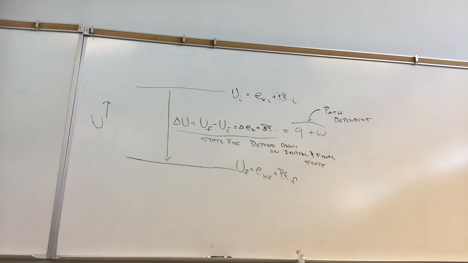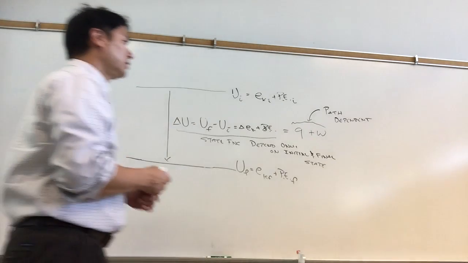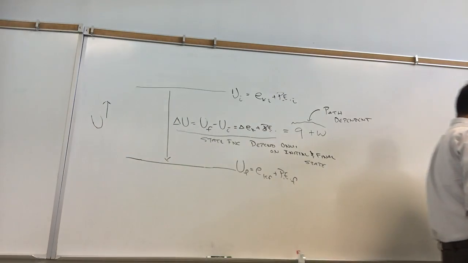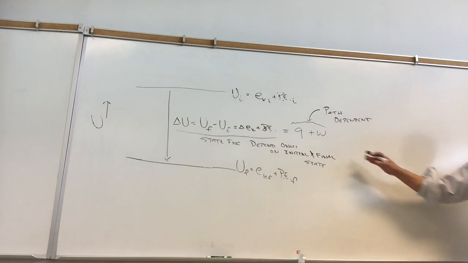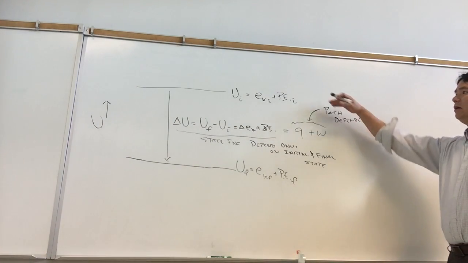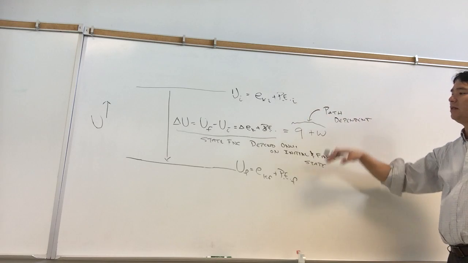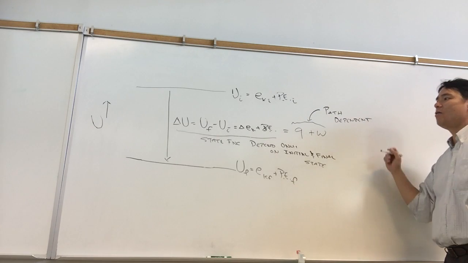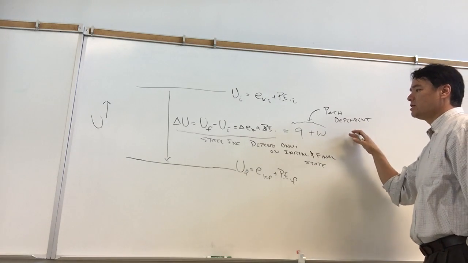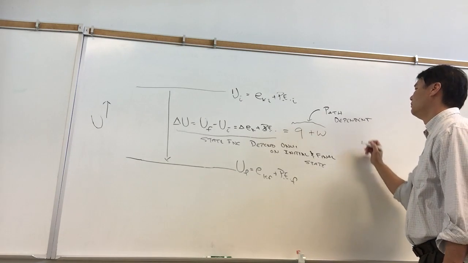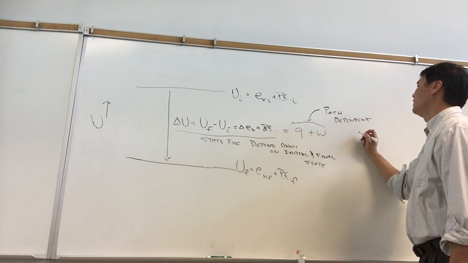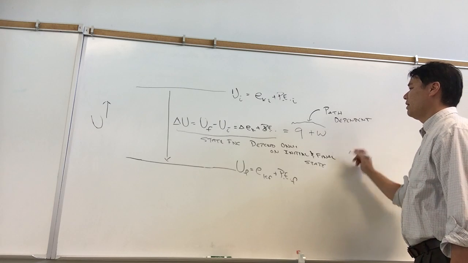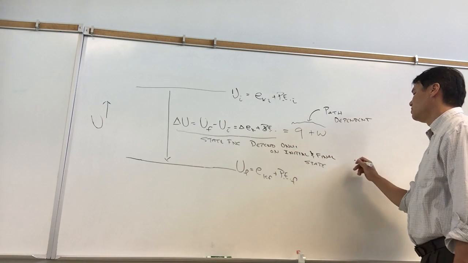What's the difference between a path dependent function and a state function? A state function is always the same, as long as you start from this state and end at this state. Path-dependent functions depend on how you get from one state to the other, the initial to the final. So path-dependent functions can vary, whereas state functions do not vary.